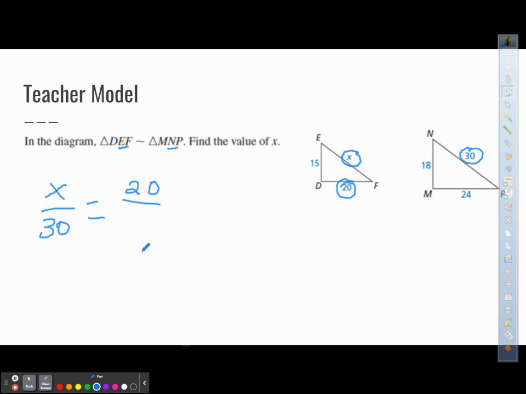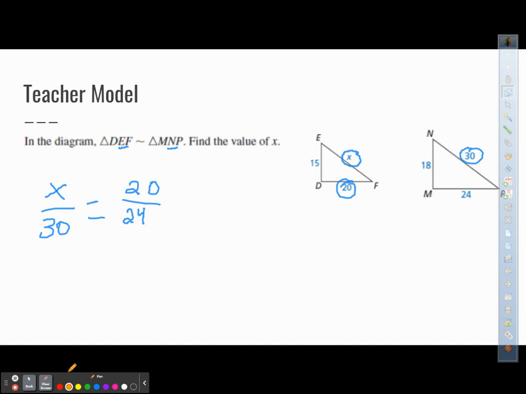The only thing I have to make sure of is that I find the side over here that corresponds to DF. Well, look at the picture. DF corresponds with MP, and MP is 24. So my second ratio would be 20 over 24. Equals that. You see what we get.